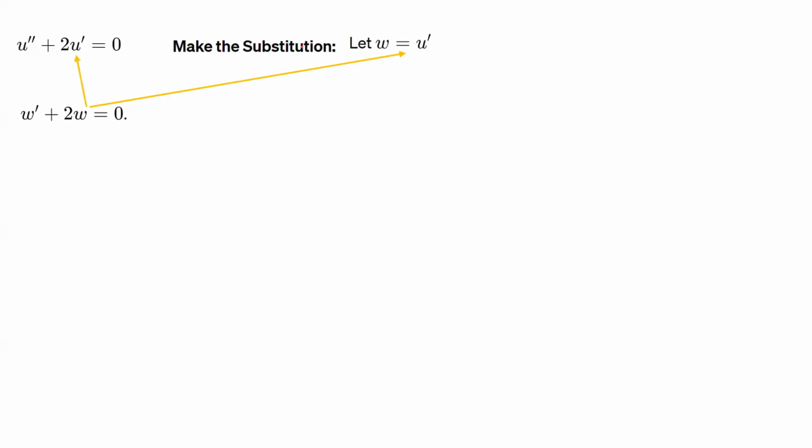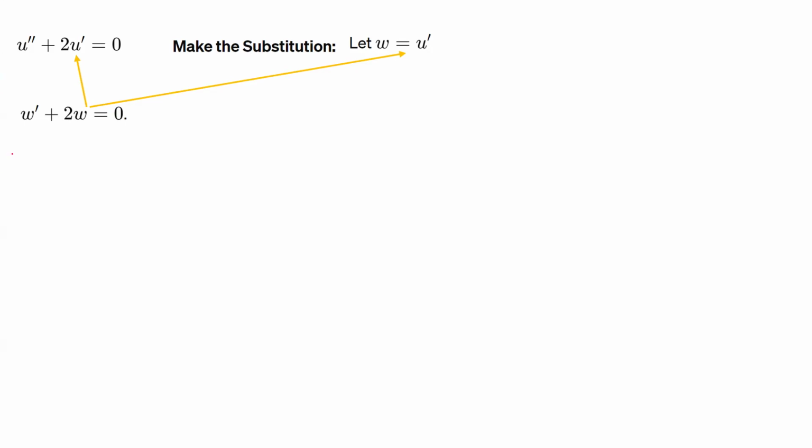Now you have a second order differential equation that you can rewrite using substitution. We're going to introduce a new variable w and set it equal to u prime. If we do that, we can rewrite the differential equation as w prime plus 2w equal to 0. w is equal to u prime, so it is substituted there.